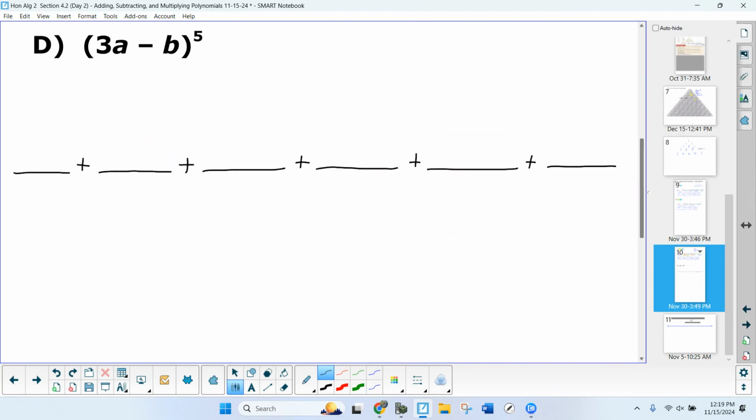Okay, my coefficients are 1, 5, 10, 10, 5, 1. Are we good with the coefficients and how many terms? Okay, what's the first term we have to use? 3A. Okay, how many 3A's do you have here?